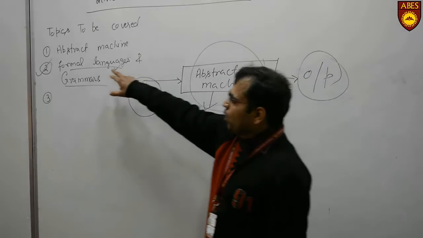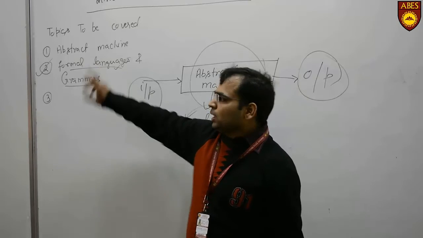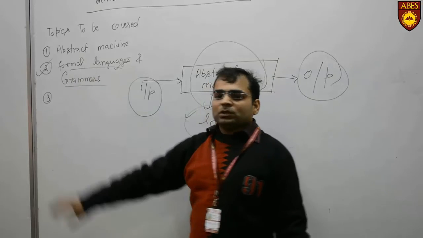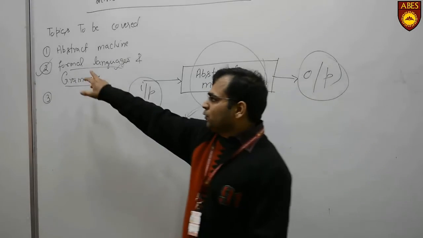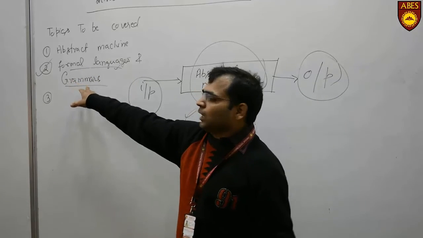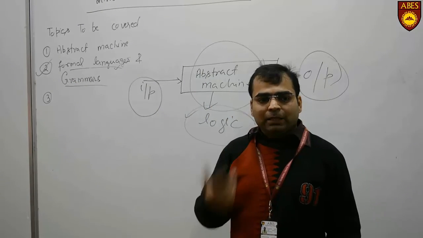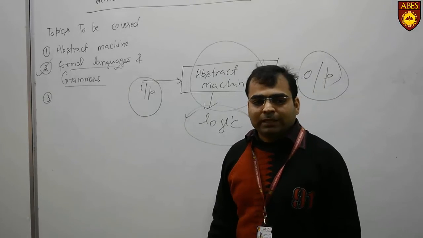Clear? So a formal language is different from normal languages. For defining those formal languages, we use certain grammars, because a language can't exist without a grammar. These grammars are nothing but the set of rules that can be followed by a language if that language belongs to that category of grammar.